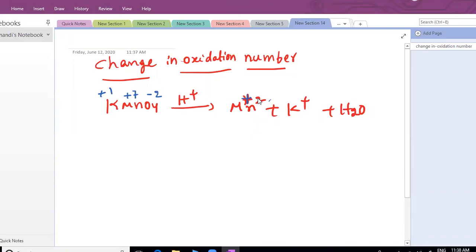Which element's oxidation number changed here? Anyone, please? Very good, manganese, superb. How much change occurs here? The difference.